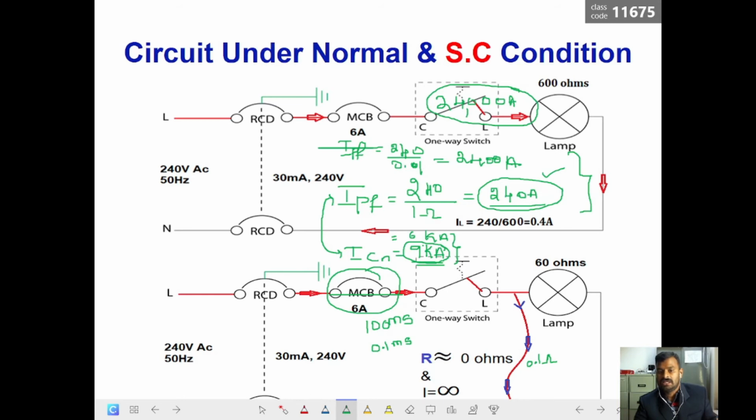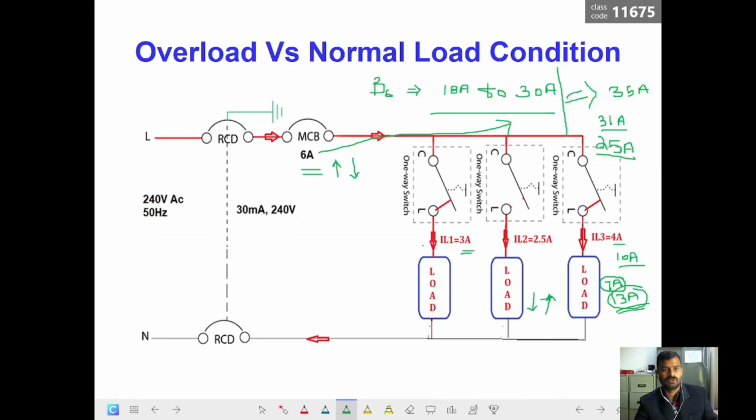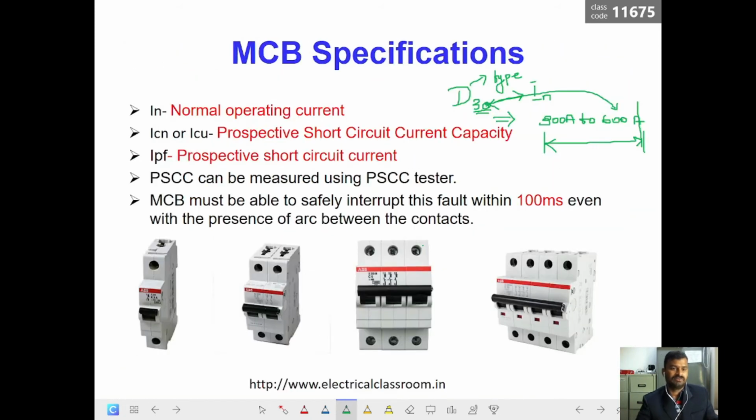So the IPF can be different, but ICN is fixed for any given MCB. These are the specifications of the MCB: IN, the normal operating current; ICN, the prospective short circuit current capacity given by the manufacturer; and IPF, an instantaneous fault current, which is different for each type of fault.